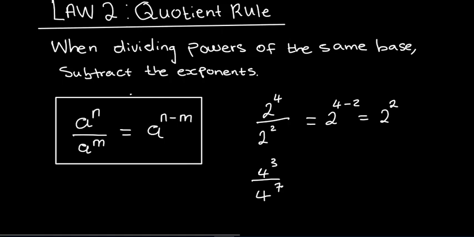Right, what you're going to do is you're going to say this is equal to 4 to the exponent of 3 minus 7, and then you're going to get a negative exponent in this case, 4 to the negative of 4. Okay, so I would say that's example 1, example 2.